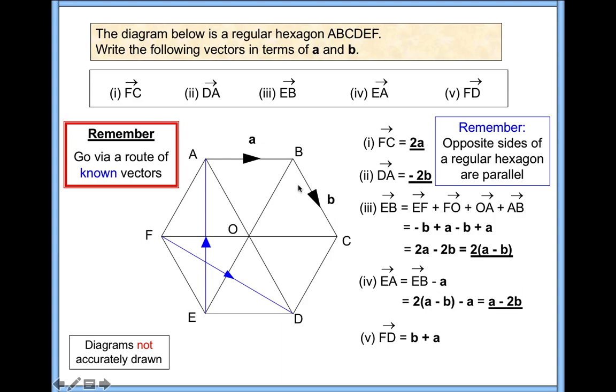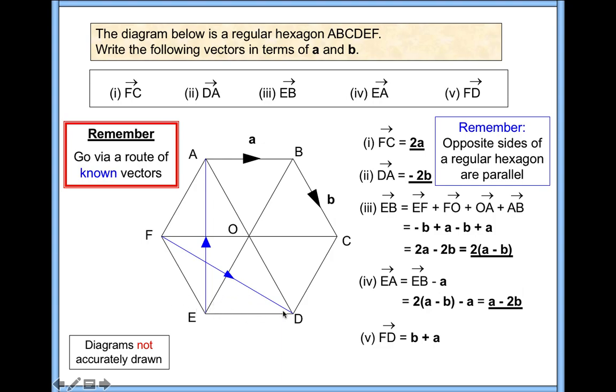Opposite sides of a regular hexagon are parallel, as I taught you, and I have given it here as a reminder also. So side BC is parallel to side FE. If vector BC is described using the term B, vector FE can also be described using the term B.